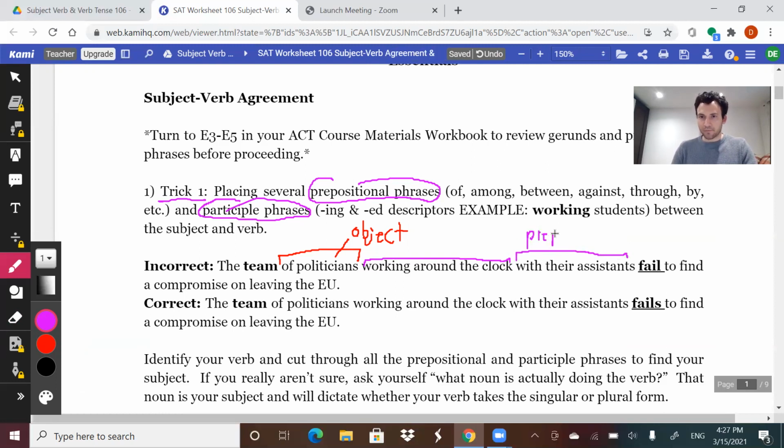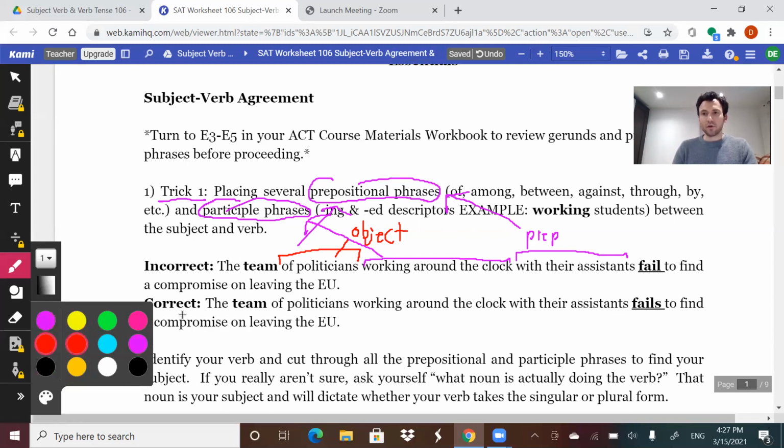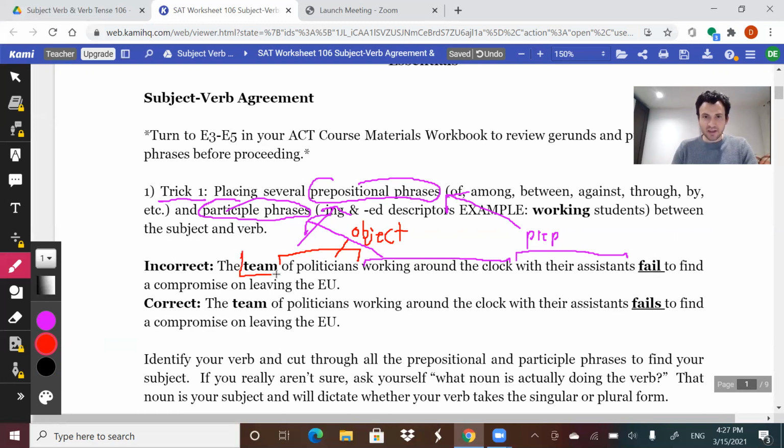So we've got a prep phrase, another prep phrase, a participle phrase. All of this is noise. When it comes down to it, it's a matter of who or what is failing to find a compromise. Your subject is the team. So the team fail? No, team is singular, so the verb conjugation has to be singular. So it's the team fails.